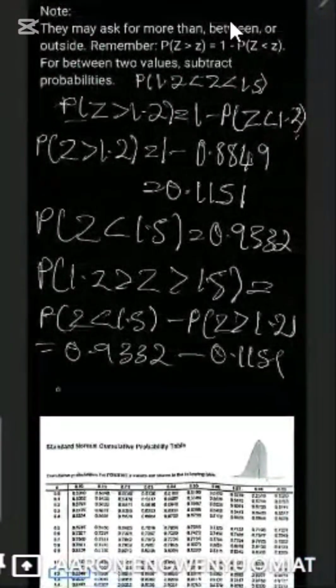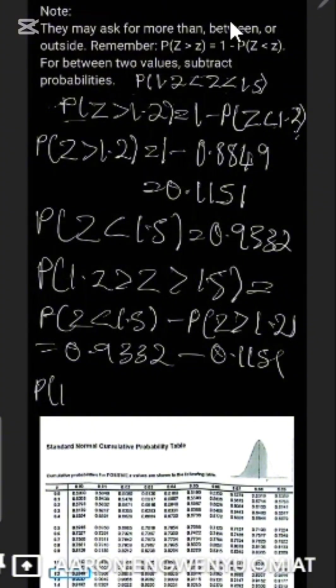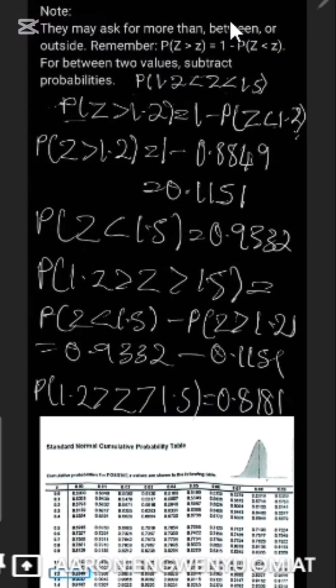So our probability of z being between 1.2 and 1.5 is 0.8181. Is this okay?